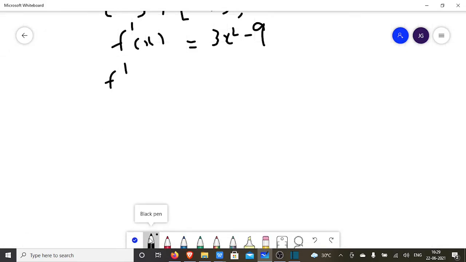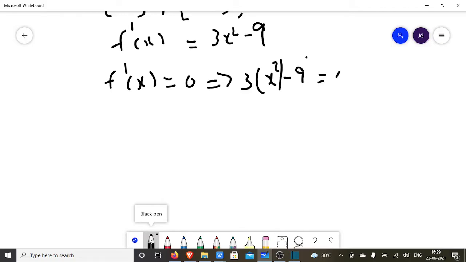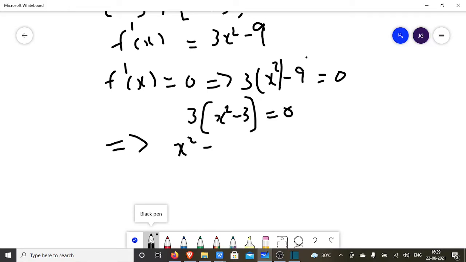So f dash x equal to 0 implies 3 into (x square minus 3) equal to 0, which implies x square equal to 3, or x equal to plus or minus root 3.